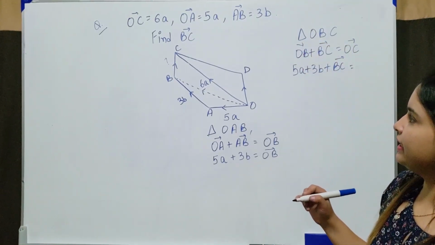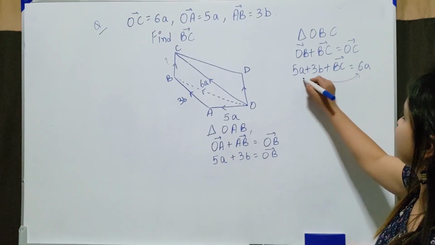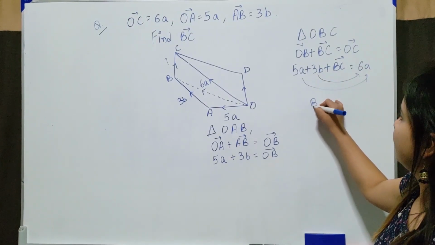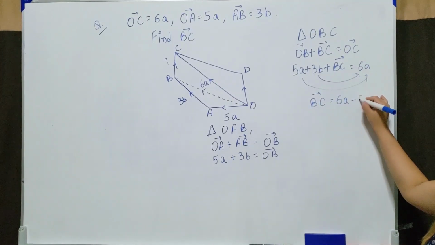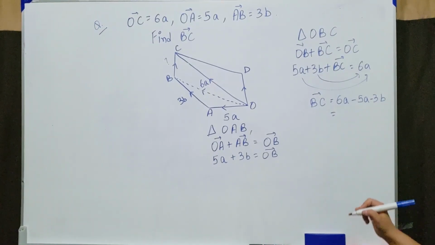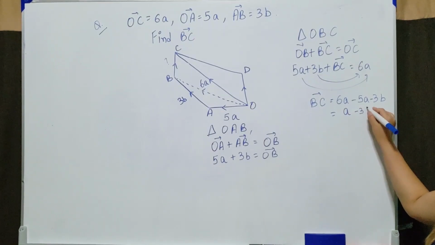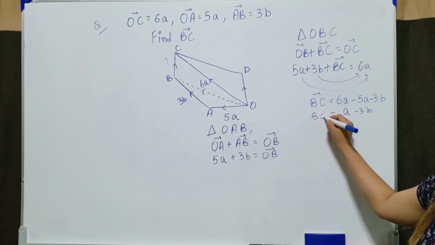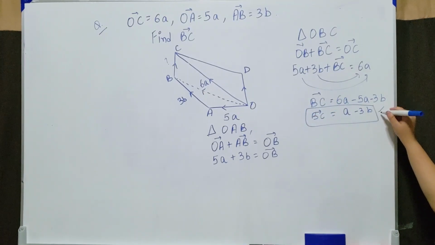And OC is 6A. So now move this to the other side. You will get BC is 6A minus 5A minus 3B. So 6A minus 5A is A, minus 3B. So BC is equal to A minus 3B.